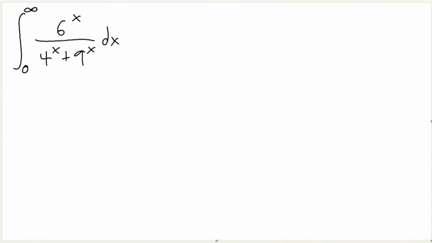So, what can you even do? I love this integral so much because once I show you the solution, you can't unsee it. So, I'm about to show you the solution right now. So for here, the secret to this is you divide everything by 4 to the power of x.